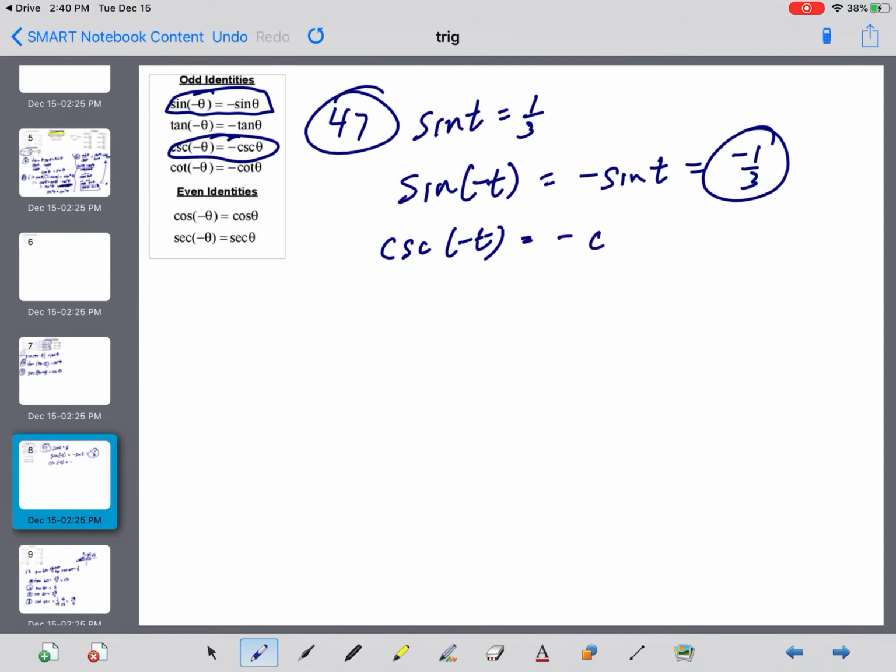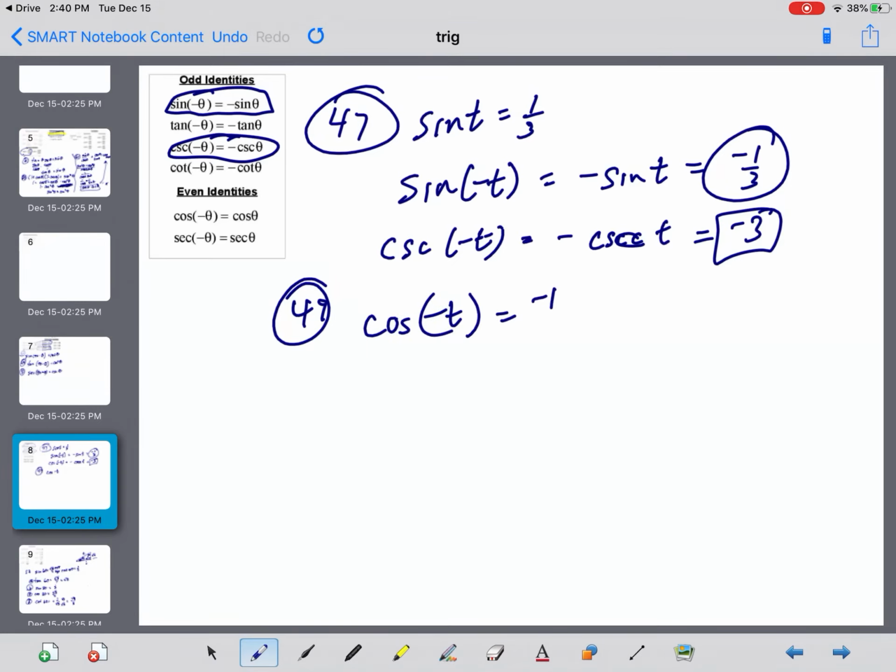Well, cosecant is 1 over sine. So it's going to be negative of cosecant t. And that's going to be negative 3 over 1. It's going to be the reciprocal, since cosecant is 1 over sine. Okay, 49, cosine of negative t is equal to negative 1/5.